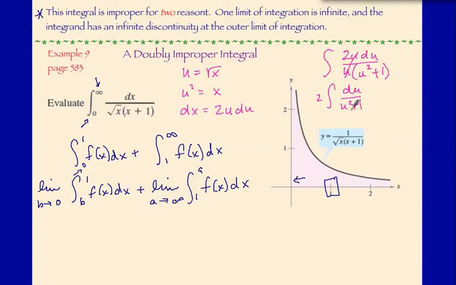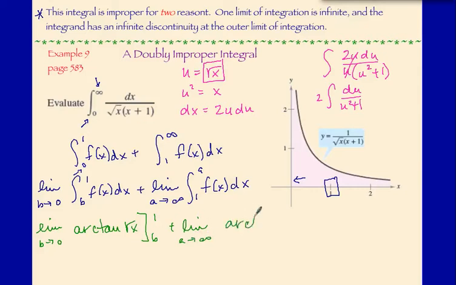So this integral is going to be the arctan of u, which is the square root of x. Changing color again, we take the limit as b approaches 0 of the arctan of the square root of x from b to 1, plus the limit as a approaches infinity of the arctan square root of x from 1 to a.